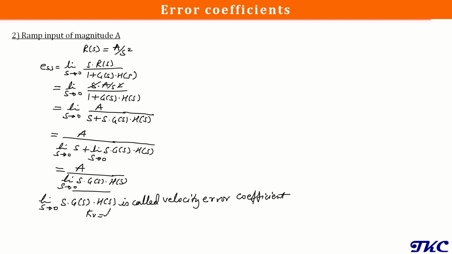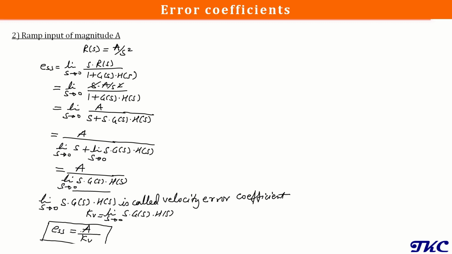So Kv will be equal to limit s tends to 0 s into G of s into H of s. Now in place of this term we will be writing Kv. So the error for this case will be A by Kv. So this is the steady state error when we are having a ramp input.